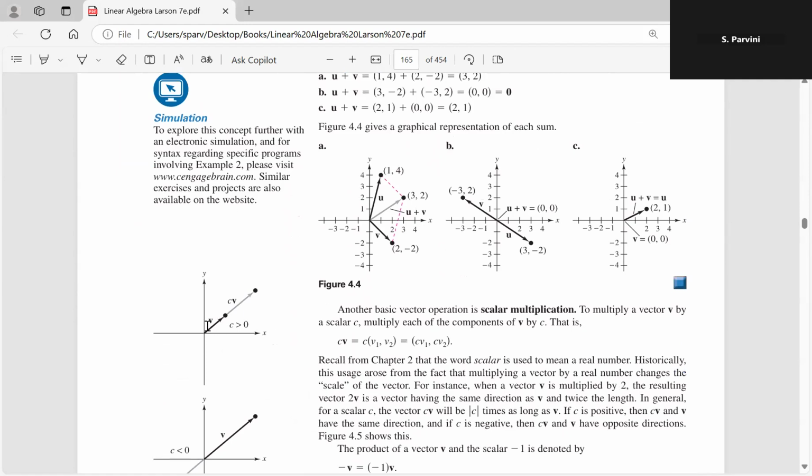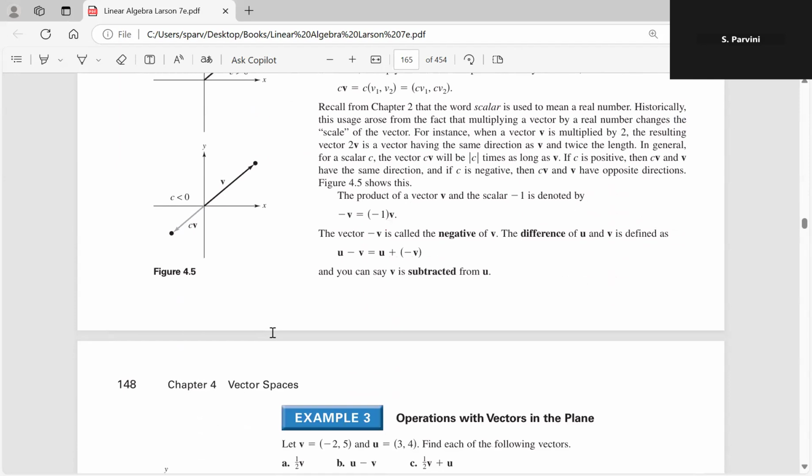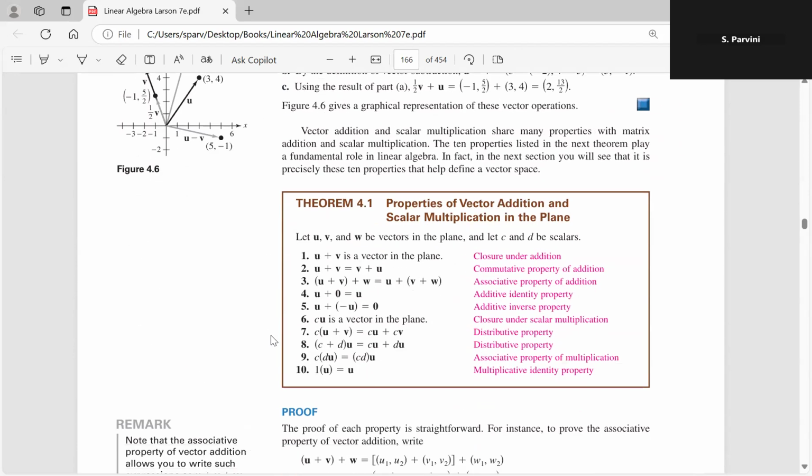This would be the scalar multiple of the vector. So here's v shooting in this direction. For positive c, the vector cv, the scalar multiple, will go in the same direction, and its magnitude would be whatever c is. So if it's 2v, it would be twice the magnitude and what have you. Now, Theorem 4.1, there you go.